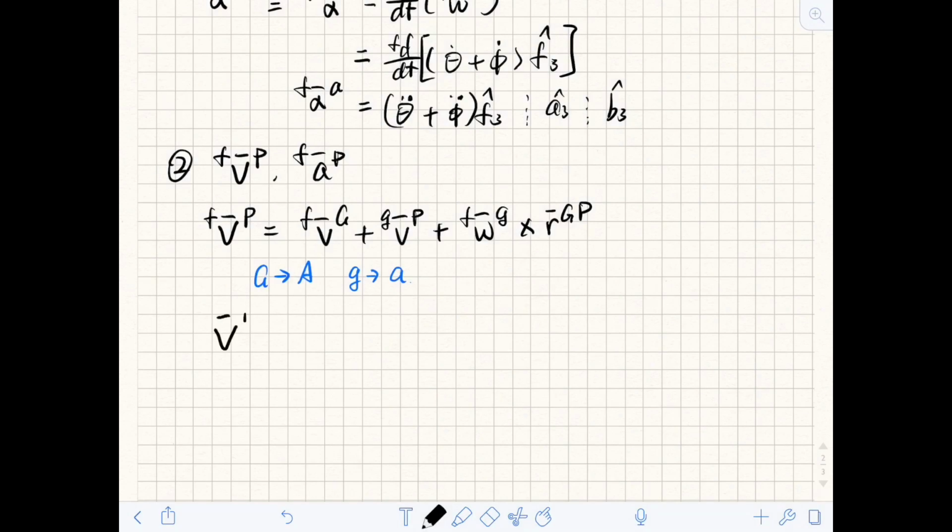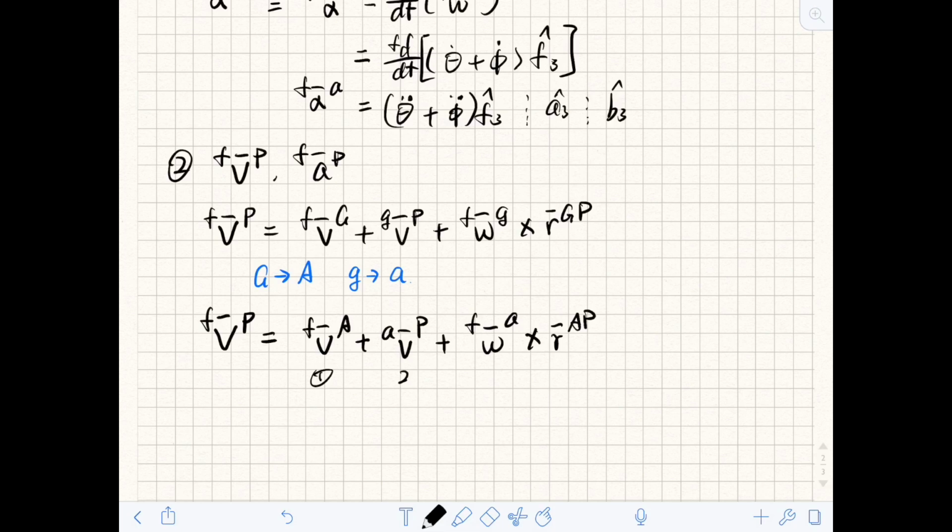We have velocity of point P in F is equal to the velocity of A in F plus velocity of P in A plus the angular velocity of A in F cross position vector AP.